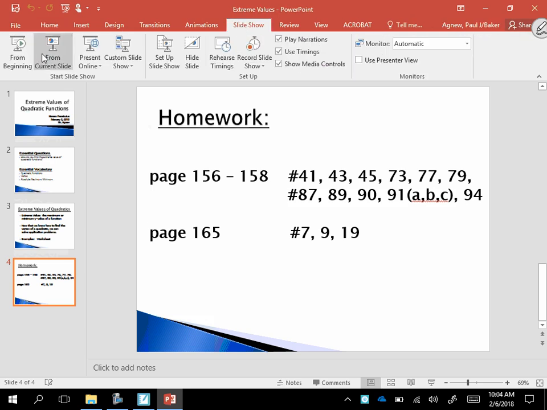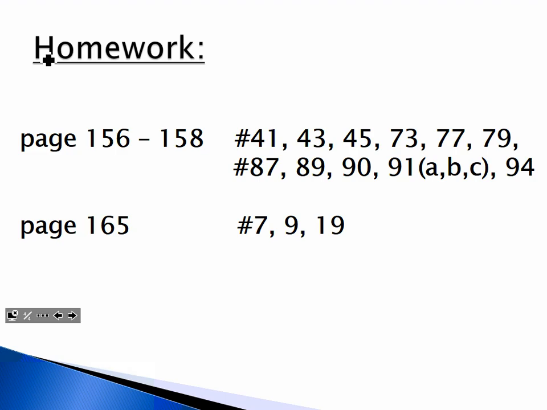And then after you get that down, we're going to put the semicircle on our flip book. We'll go over this homework tomorrow, so make sure you have this done and ready to go over.